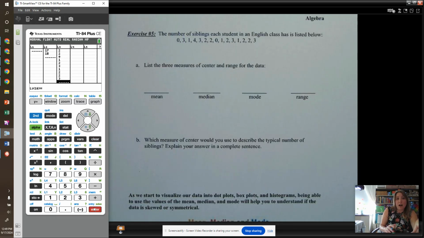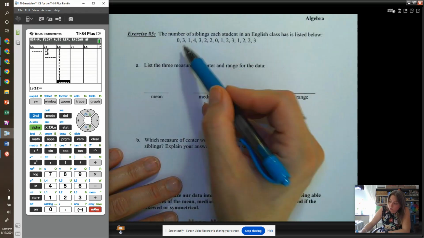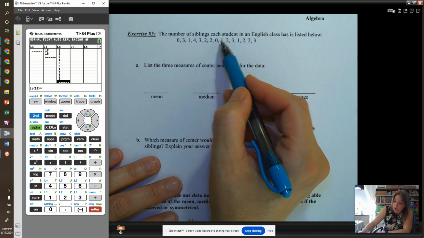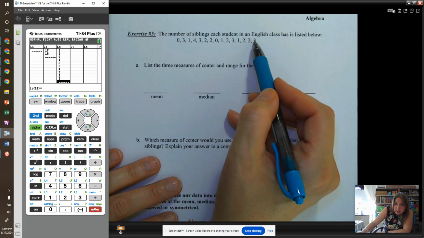Now, that was a lot. So I'm going to double check that I have the right amount of things. It was the number of siblings for each student in an English class. Okay, so 1, 2, 3, 4, 5, 6, 7, 8, 9, 10, 11, 12, 13, 14, 15 data values.